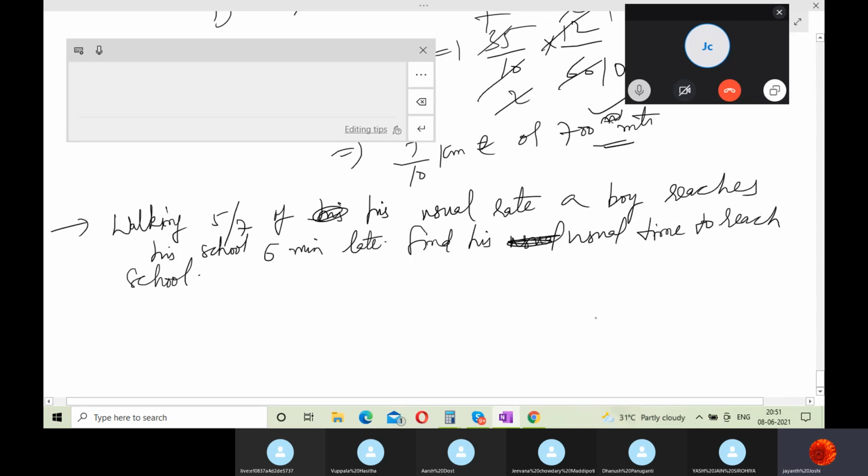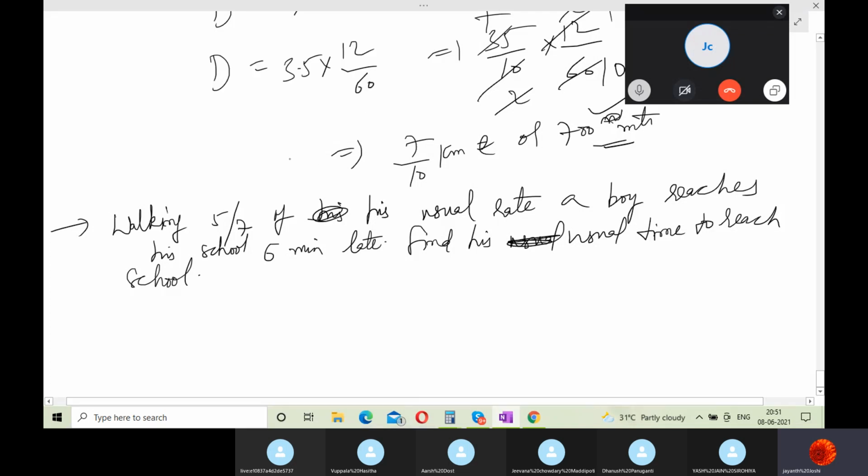See, it's a very good question, a tricky one even. See how to do this. The boy is walking 5 by 7 of his usual rate. He is just walking 5 by 7th of his usual capacity.